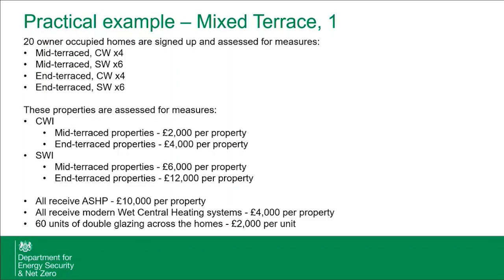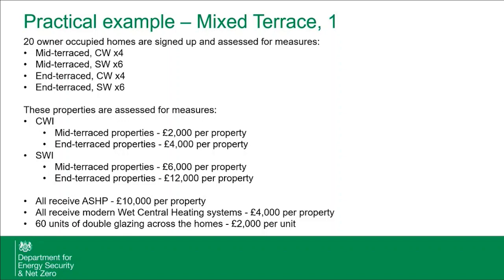So, practical example. 20 owner-occupier homes are signed up and assessed for measures. There are 4 cavity wall terrace properties, 6 mid-terrace properties that are solid wall, 4 end terrace cavity wall properties, and 6 end terrace solid wall properties.